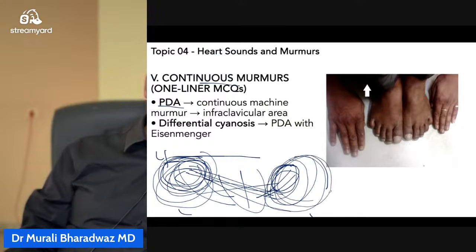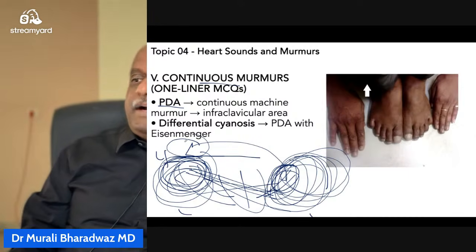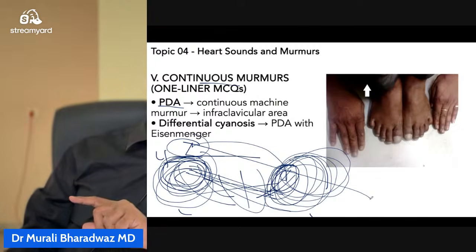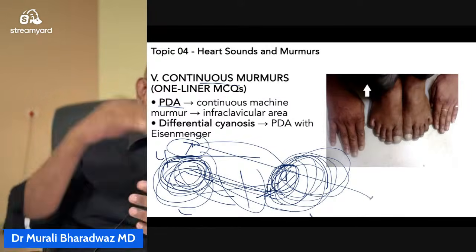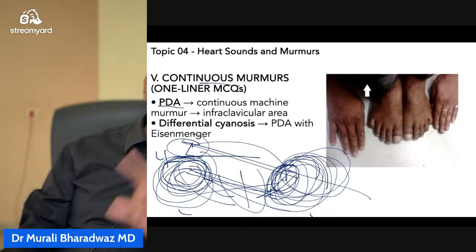So always remember, aortic oxygenated blood mixing with deoxygenated pulmonary blood, nothing will happen. Cyanosis will not be there. But the moment pulmonary artery deoxygenated blood meets the oxygenated blood, that leads to cyanosis. But in case of PDA, what is happening? Aortic blood is mixing with pulmonary artery.